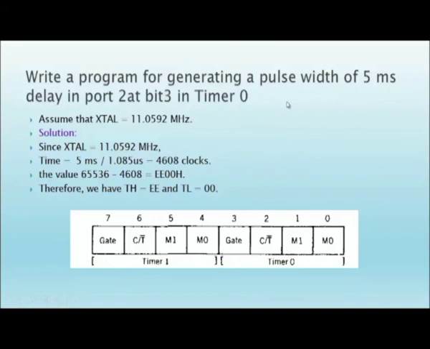Another example: suppose I ask you to generate a pulse of 5 milliseconds. What will you do? The 5 milliseconds will be divided by 1.085, because the crystal frequency is 11.0592 megahertz.